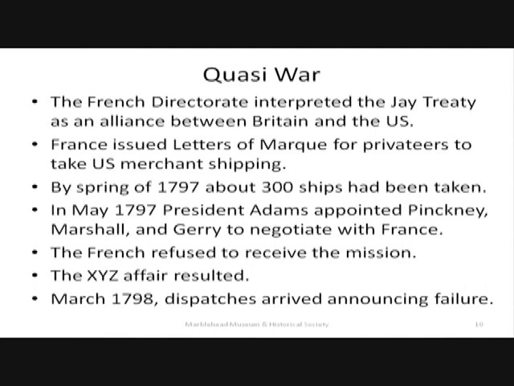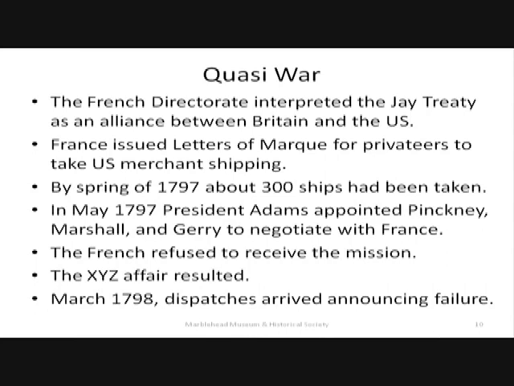They didn't like that. So they then proceeded to issue letters of marque to privateers to take US merchant shipping, and they also had many of the naval ships raiding US commerce.